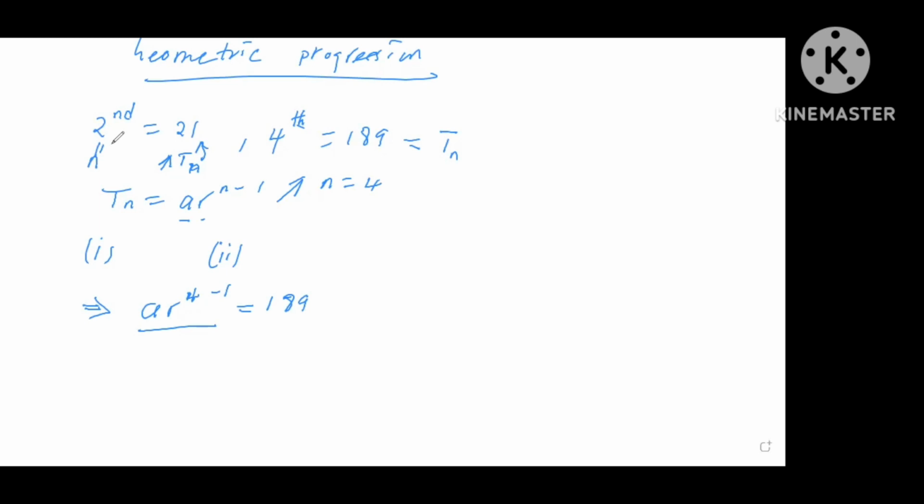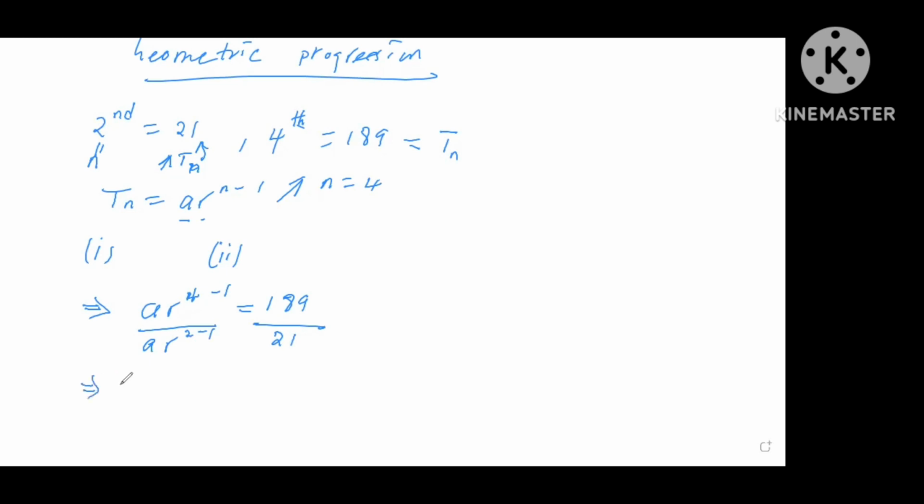Yes. So now we say A R to power 2 minus 1, and we have been given that it is 21, right? Yes. So we have formulated the equation from that, right? So we can proceed now.